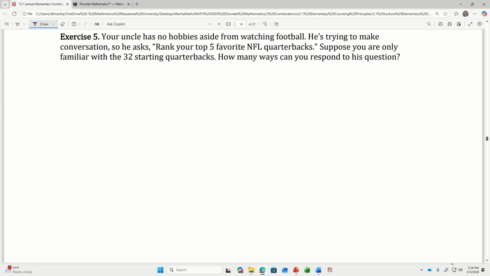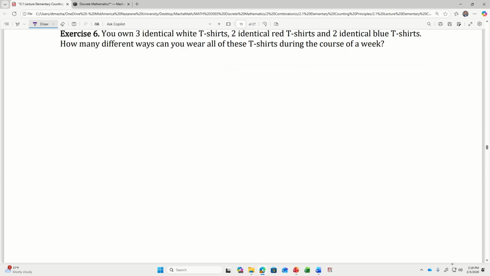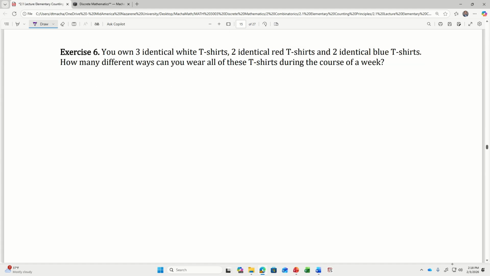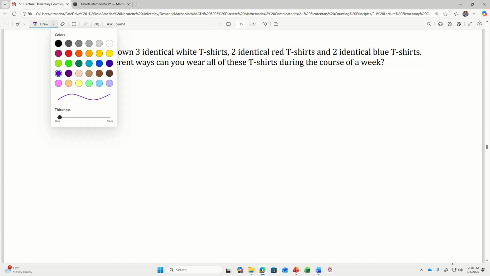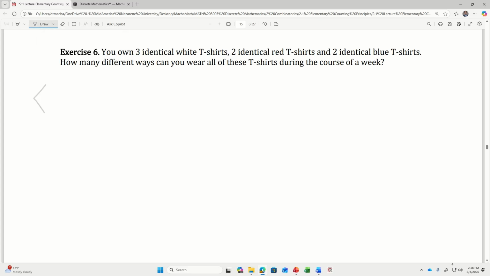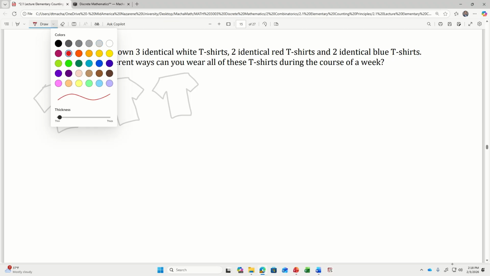Let's skip ahead. You own 3 identical white t-shirts. Two identical red t-shirts. And 2 identical blue t-shirts.